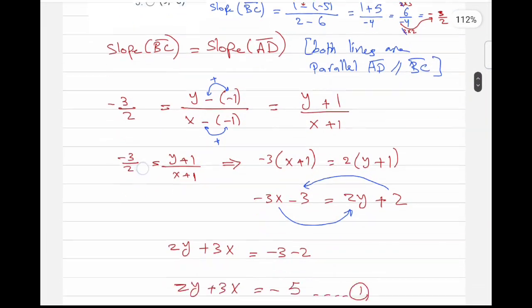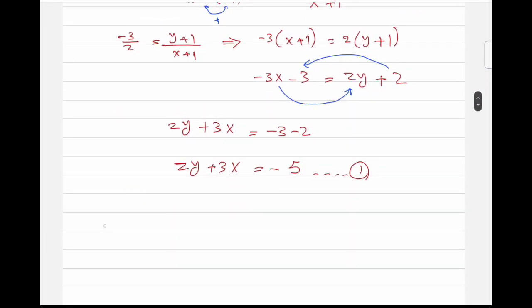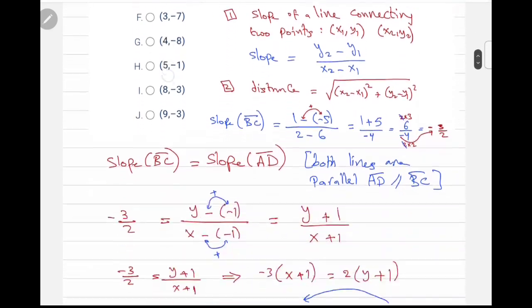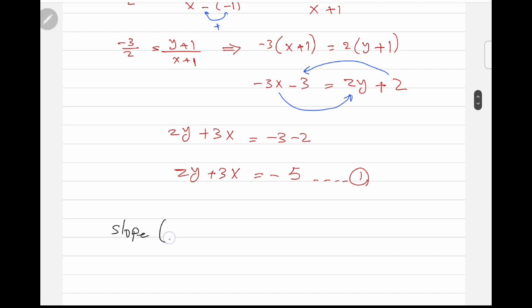So we go back here and we say that the slope of BA, or AB, equal to the slope of the line DC.